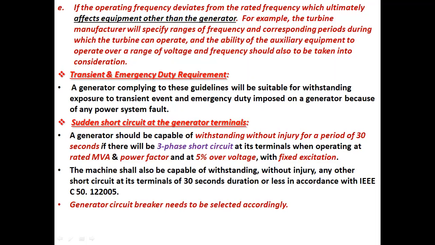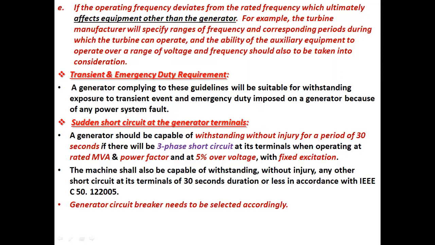Transient emergency duty requirements. A generator complying with these guidelines will be suitable for withstanding exposure to transient events and emergency duty imposed on the generator because of any power system fault or sudden short circuit at the generator terminals. A generator should be capable of withstanding without injury for a period of 30 seconds a three-phase short circuit at its terminals when operating at rated MVA and power factor and at 5% overvoltage with fixed excitation.